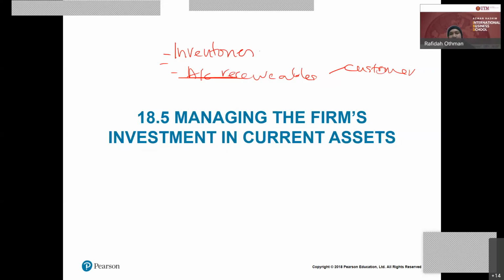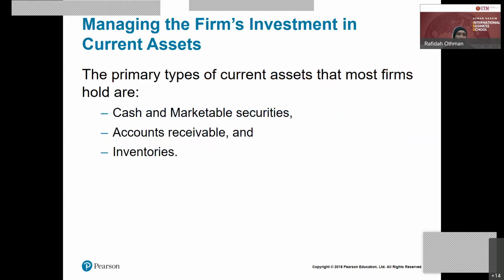So current asset also includes investment in cash and marketable security, besides account receivable and inventory. Cash is also our current asset, but keeping a lot of cash will not give profit to the company.